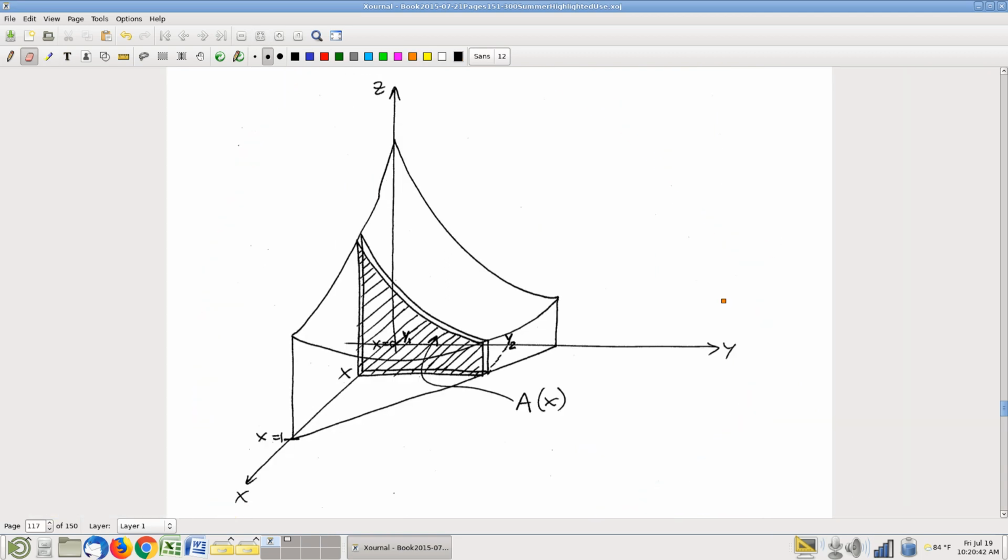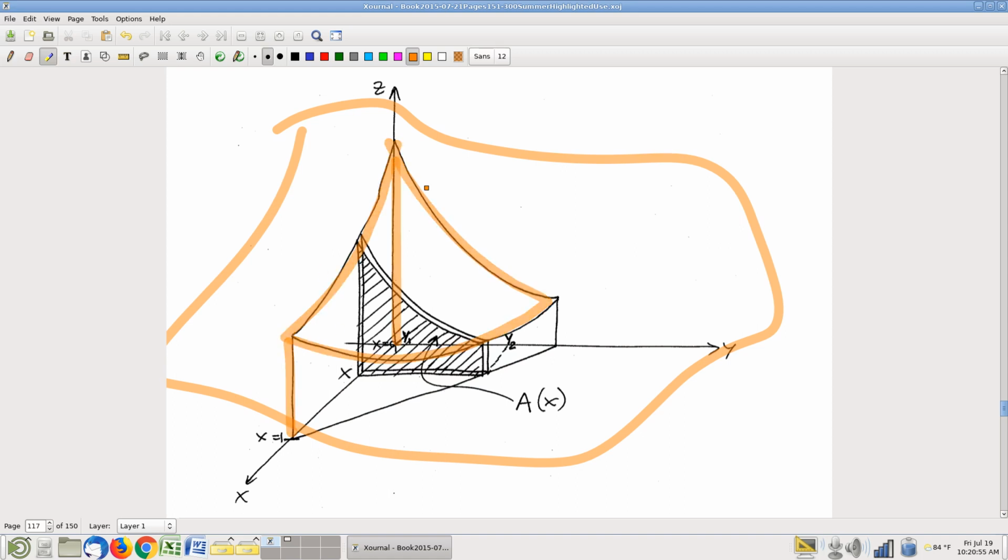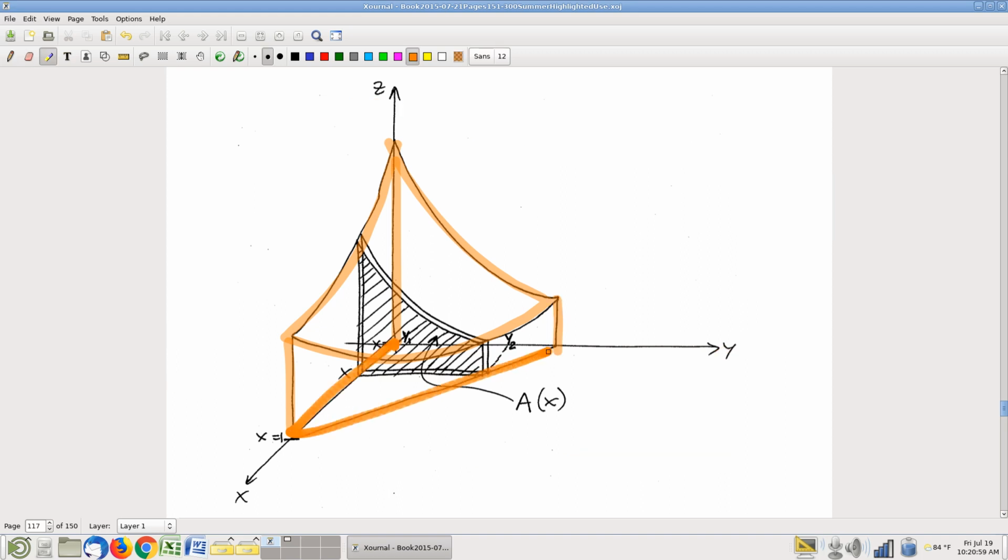And, okay, so I have a triangular base instead of a rectangular base, but there is still, if I have my surface up here, I can still look at the part of that surface that's sitting directly over my triangular base, and I still have a volume. And I can still compute that volume in several different ways.